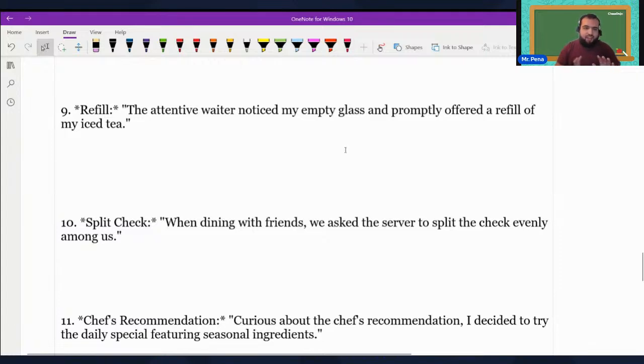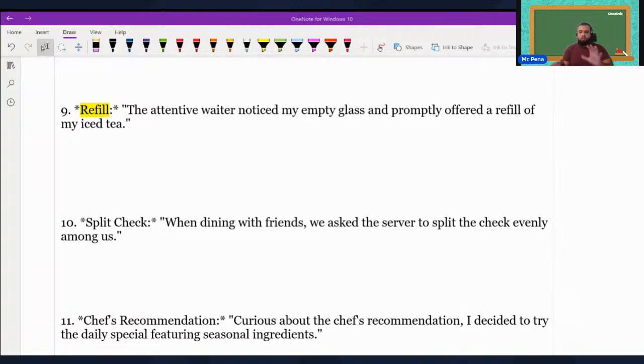Now we have 15 sentences. We're on number 9. Refill. The attentive waiter noticed my empty glass and promptly offered a refill of my iced tea. A refill.